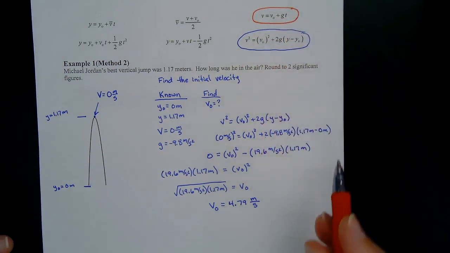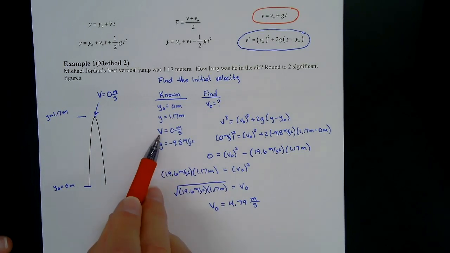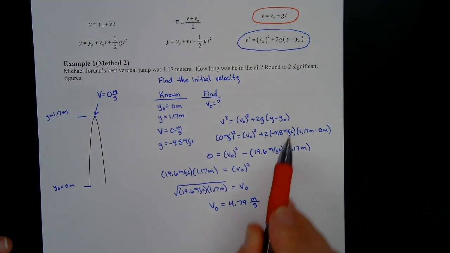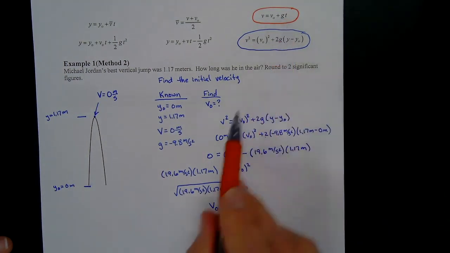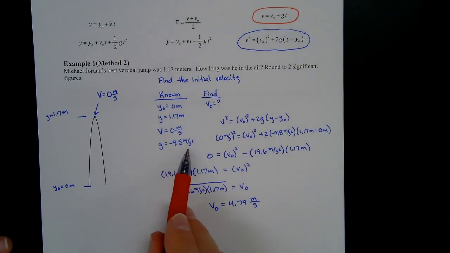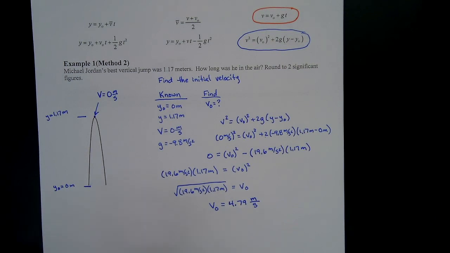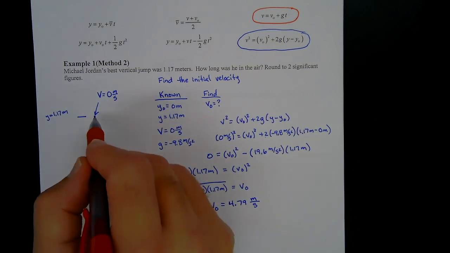Because I know the final velocity is 0 meters per second. I know the initial velocity is 4.79 meters per second, and I know the gravity is negative 9.8 meters per second squared. So this is going to give me the time. Now what this is going to give me is the time it took to go from 4.79 meters per second to this final velocity of 0 meters per second.